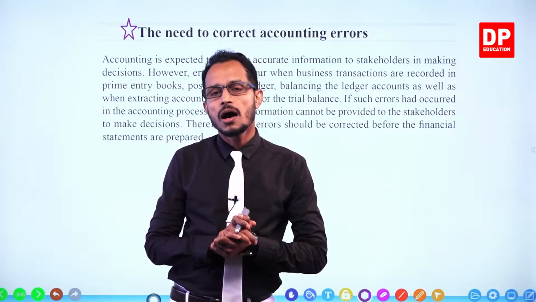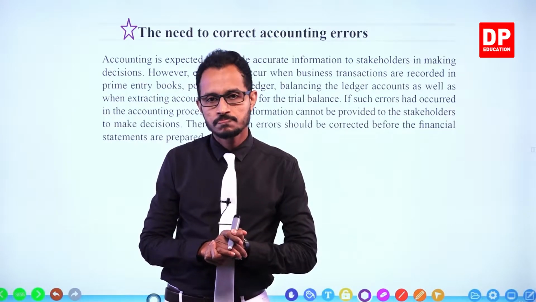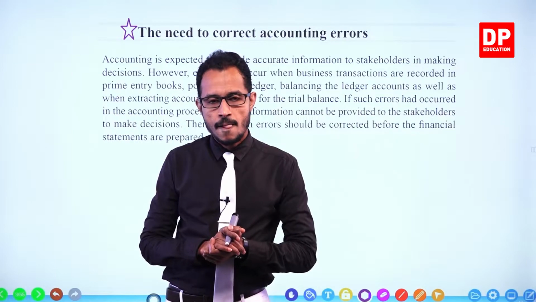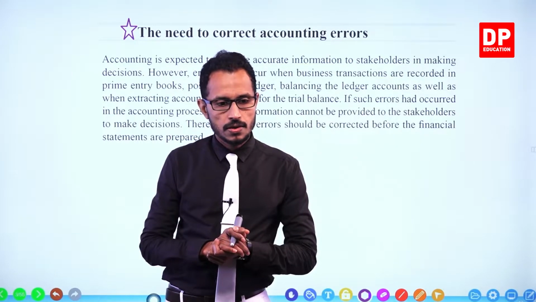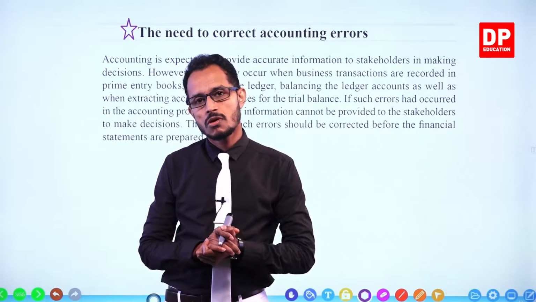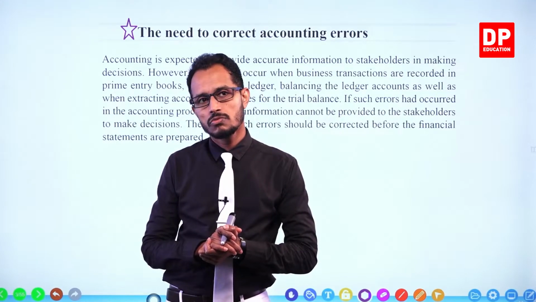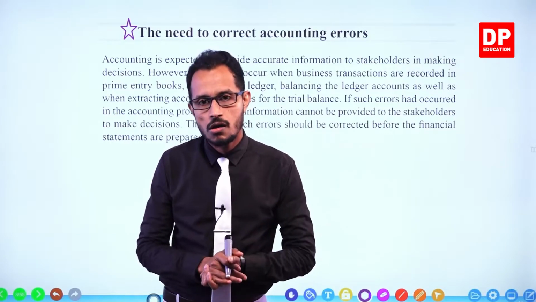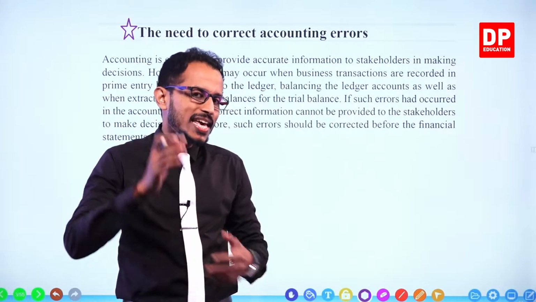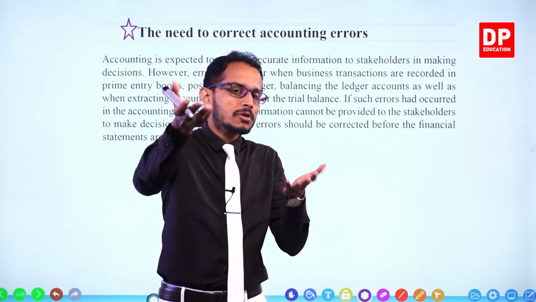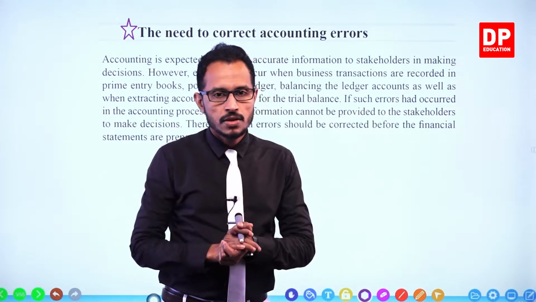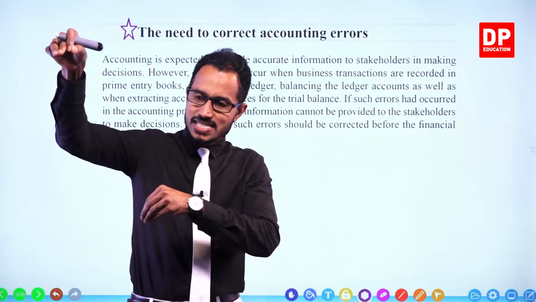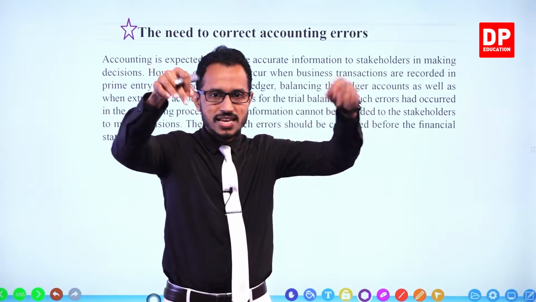When we prepare our final accounts, the figures, the final outcomes will be misleading because they are wrong. You know that the process of accounting provides information to stakeholders of the business.